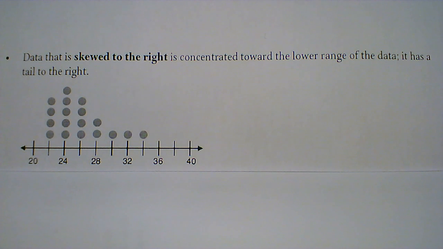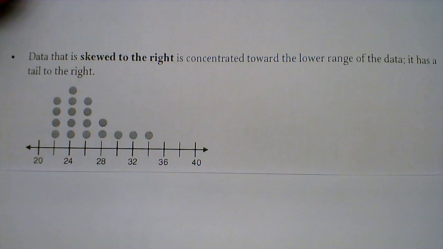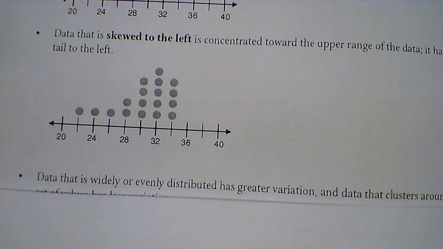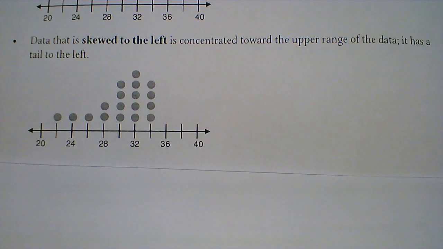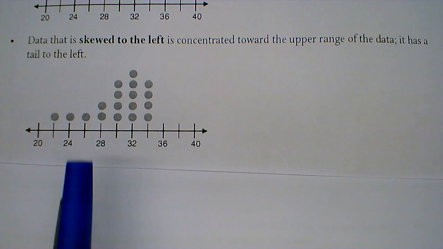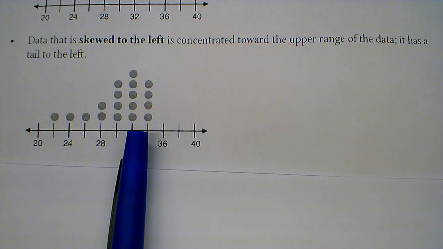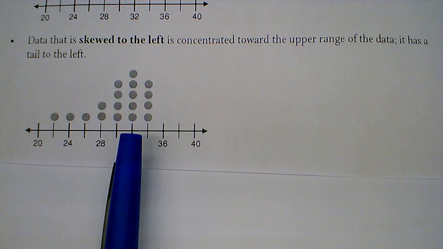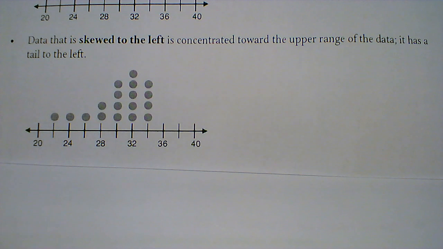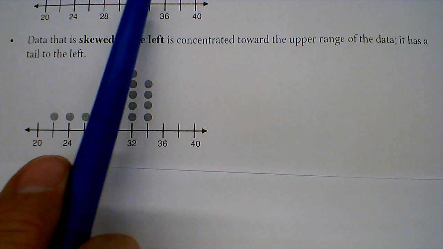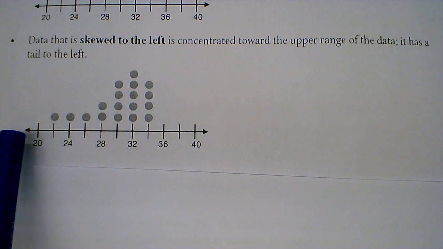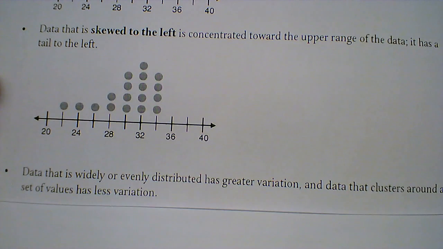The tail is to the right, so it's considered skewed to the right. In this data, most of the data is concentrated on the higher numbers, the upper range of the data, and it has a tail to the left. So we look at the tail to tell us how the data is skewed. Tail to the right, skewed to the right. Tail to the left, skewed to the left.